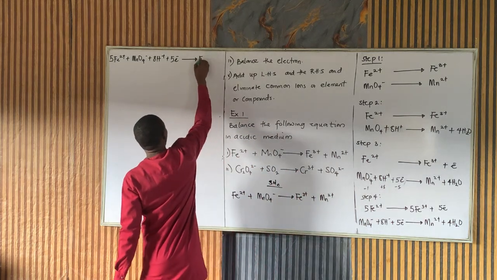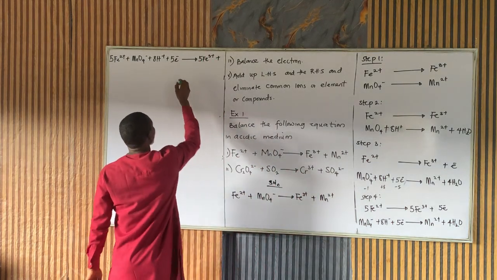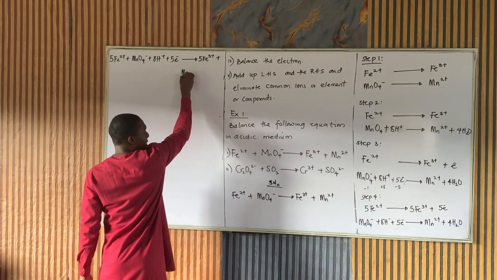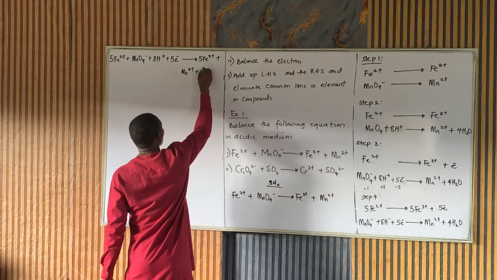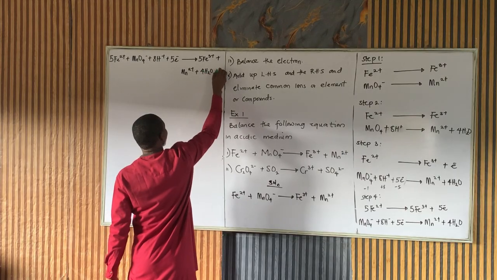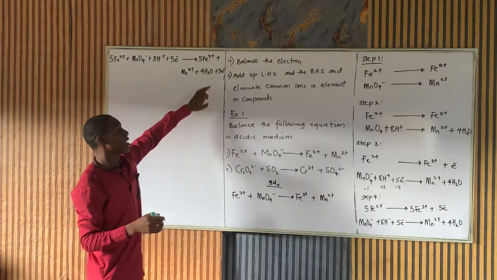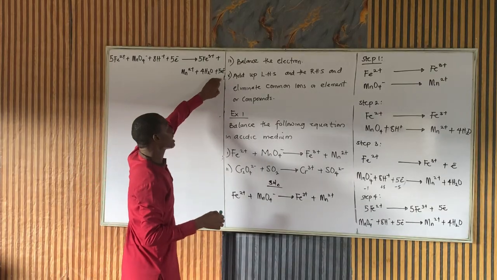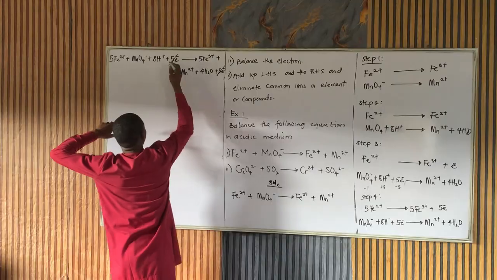That's 5 Fe3 plus, Mn2 plus 4 molecules of water, before writing the 5 electrons. Now note something here. We have 5 electrons here, we have 5 electrons here. If you bring this 5 to this side, it becomes minus 5. So they will cancel out eventually.